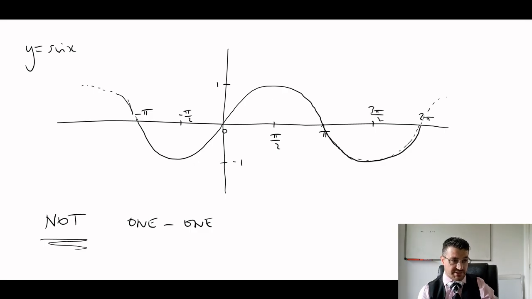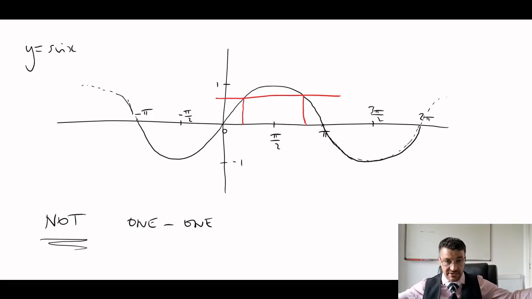And we can see this if we choose any y value between and including 1 and minus 1, and we draw a horizontal line at that value, we can see that we've got many values of x that will correspond to that y value. Remember, the graph continues indefinitely in either direction. We're going to get an infinite number of values of x that correspond to that y value.